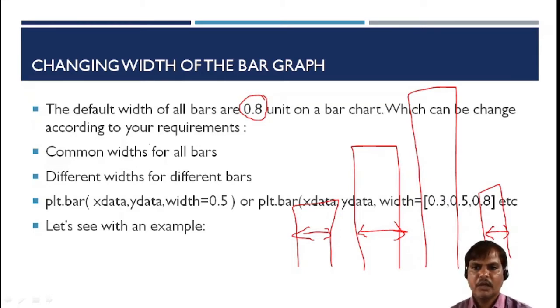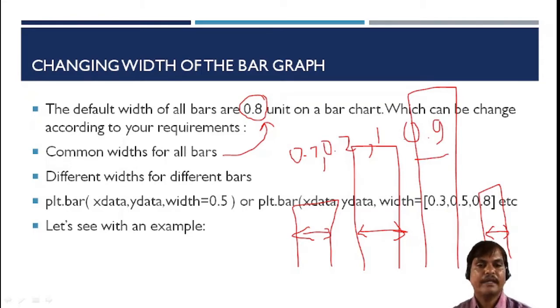So first of all, you have to understand the width for all bars can be changed from the default 0.8 to any width. Any in the sense of you can go for 0.7, you can go for 0.2, you can go for 1 also, right? You can go for 0.9. So we will see how we can make these changes.